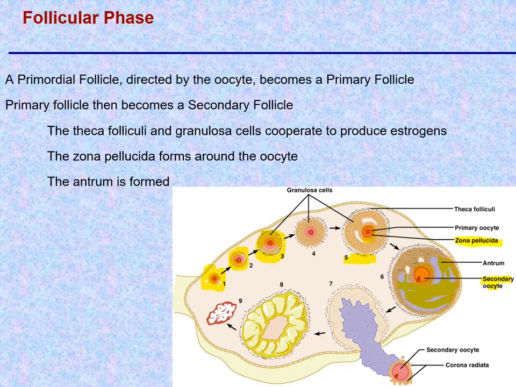And this is what ruptures out of the side of the ovary at day 14, and you have release of the secondary oocyte. Then the granulosa cells go on to form the corpus luteum. So right here at stage 7 in this diagram, that's day 14, and then 14 to 28 is stages 8 and 9, the luteal phase.